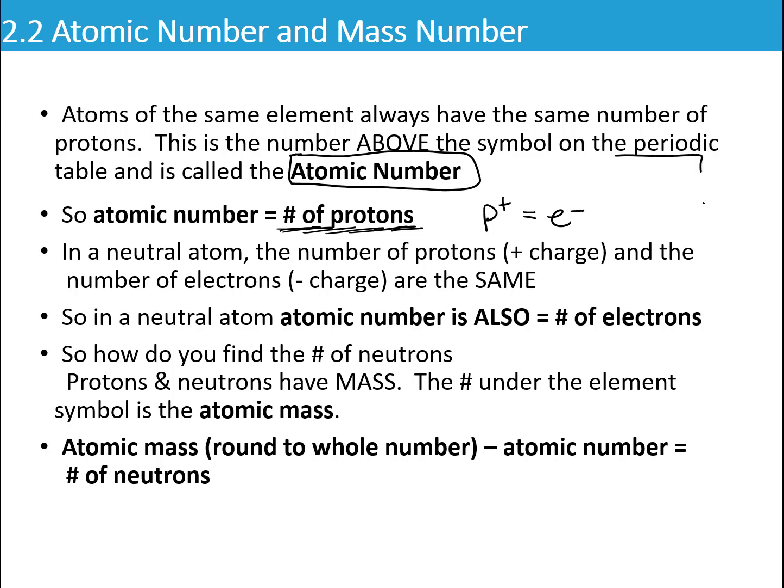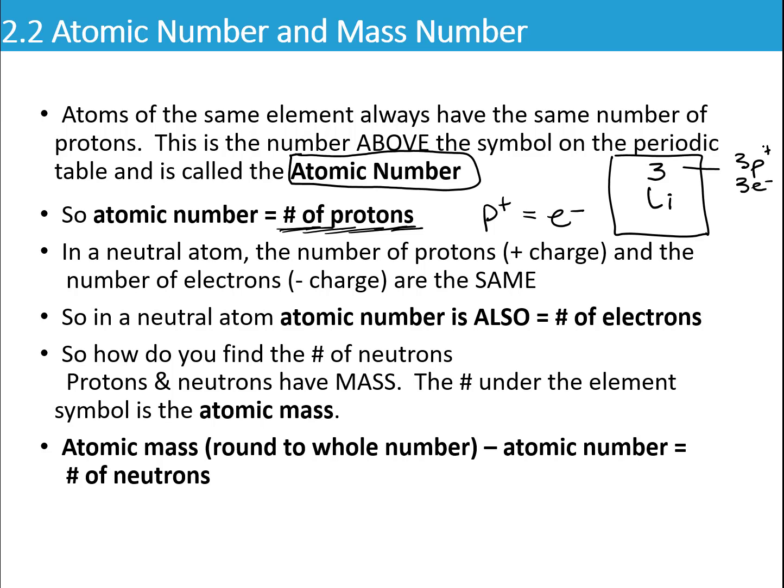So if I look at the periodic table and look at lithium, Li, 3 is above, okay? That 3 is the atomic number, and that tells me that there are 3 protons and 3 electrons in each atom of lithium. If I look at carbon, carbon is 6. That tells me there are 6 protons and 6 electrons in 1 atom of carbon.